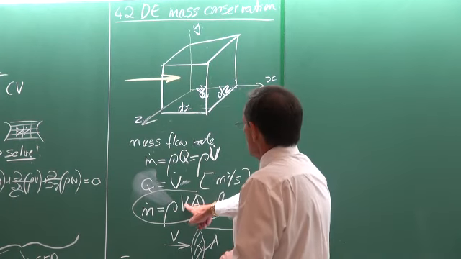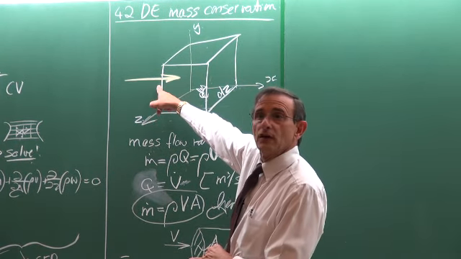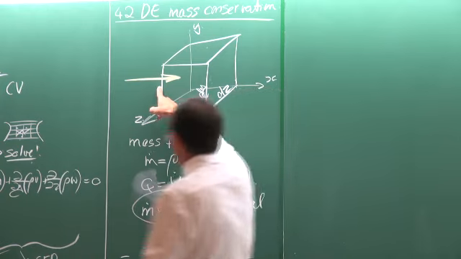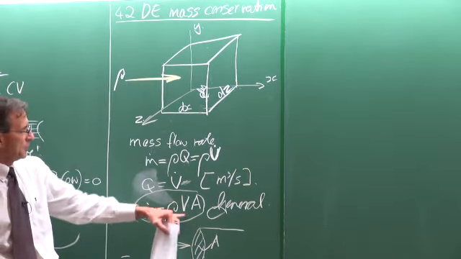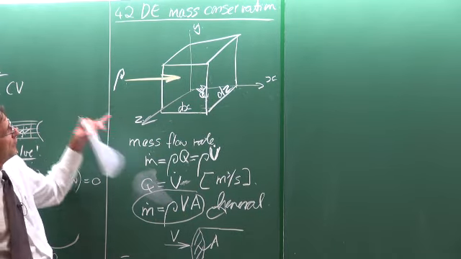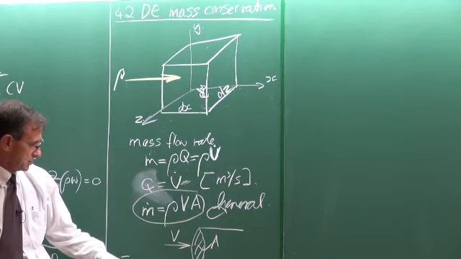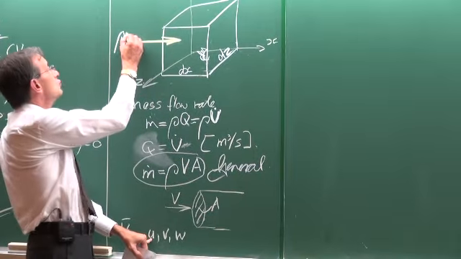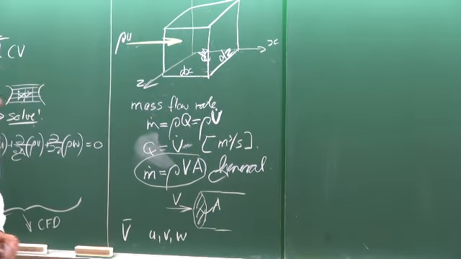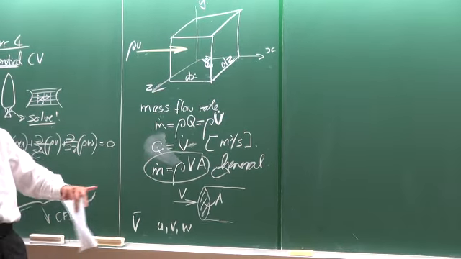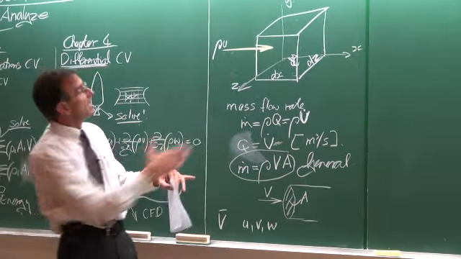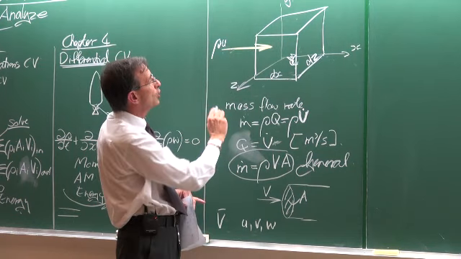Okay. So in terms of the mass flow rate going through that surface there, that would be equal to the density multiplied by the velocity in the x direction. So the x direction is u, multiplied by the cross-sectional area, the cross-sectional area through which the flow occurs.